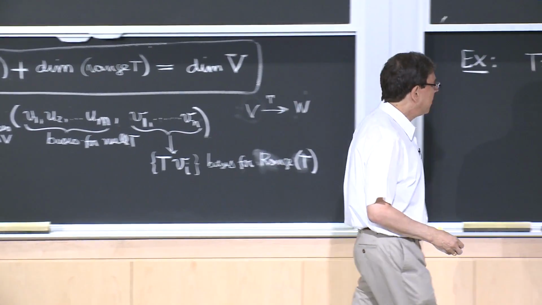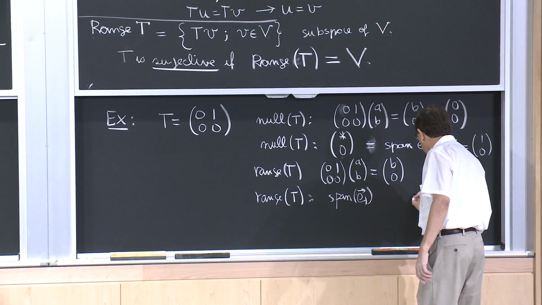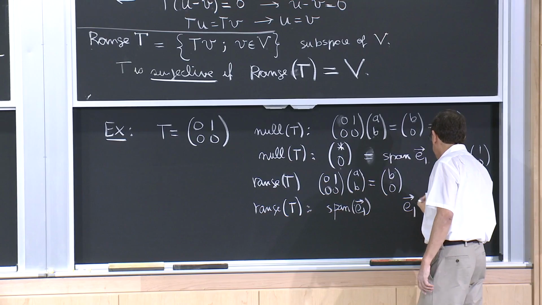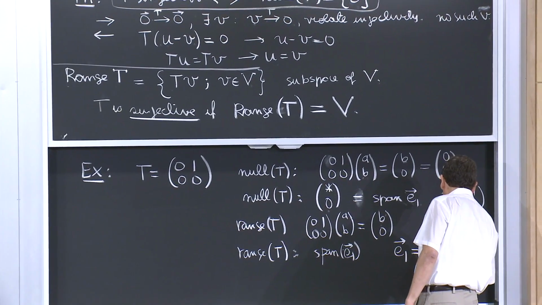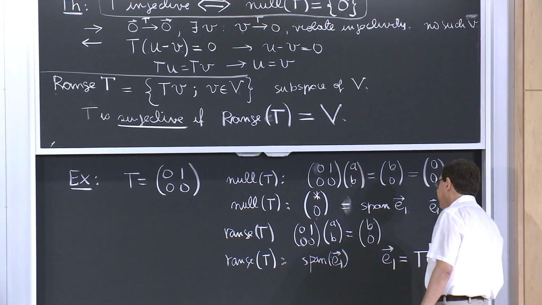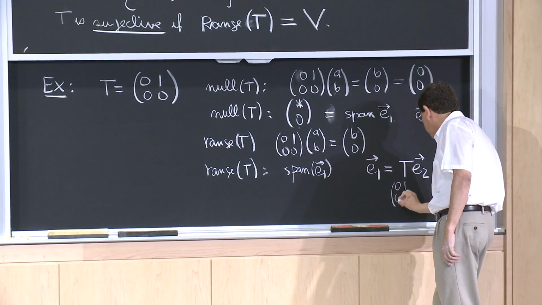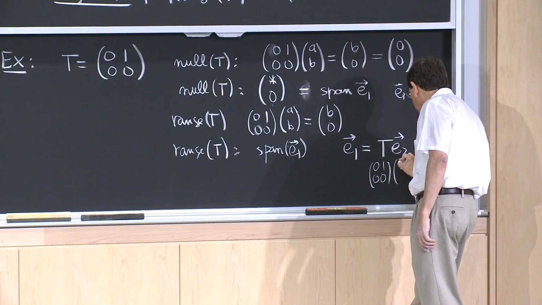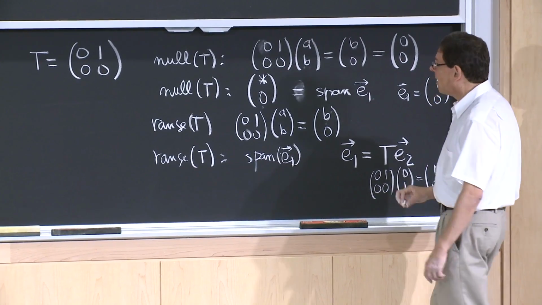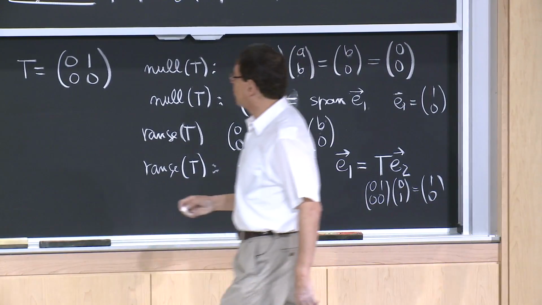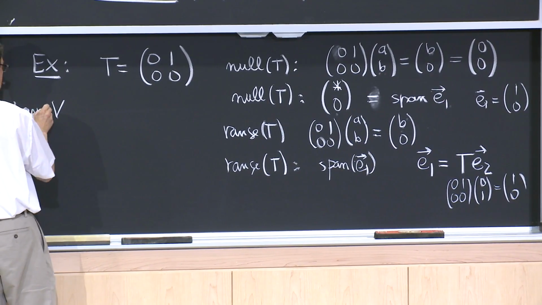So actually, if you have e1, e1 is really T on e2. Why is that? Well, T, 0, 1, 0, 0, on e2, which is 0, 1, gives you exactly 1, 0. So indeed, for the vector space, you have a basis.